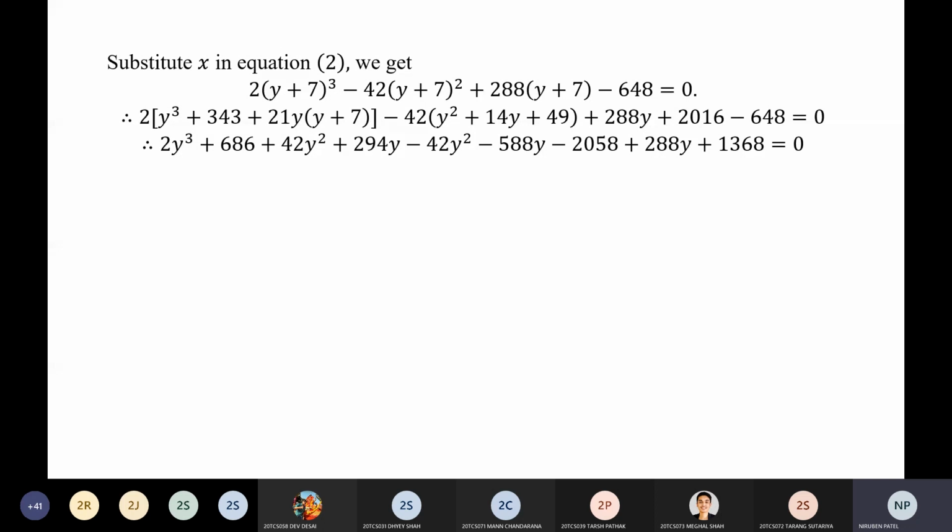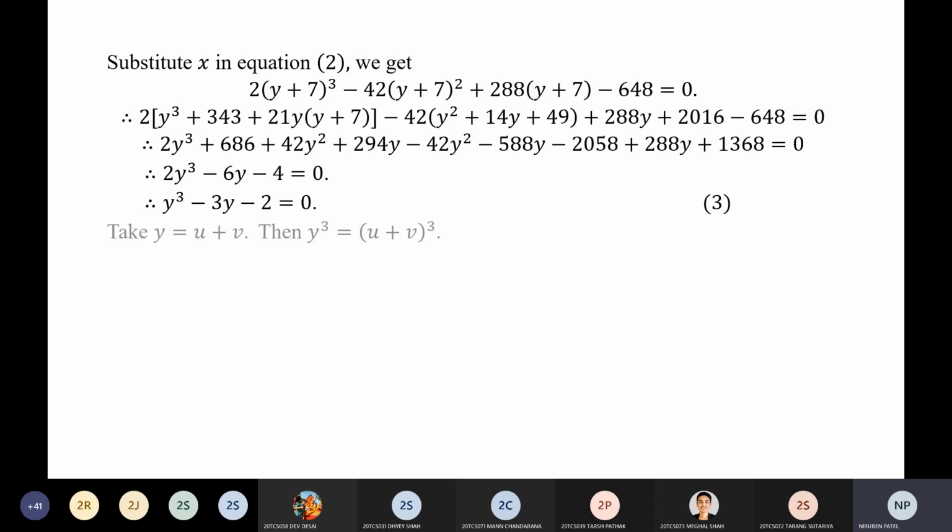Are you getting this type of equation? Just verify, beta. All the students, are you getting this equation by the substitution of x equal to y plus 7 into the given equation? Okay. So the cubic equation is y cube minus 3y minus 2 equal to 0.